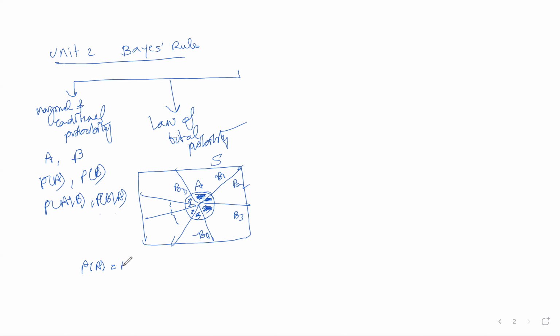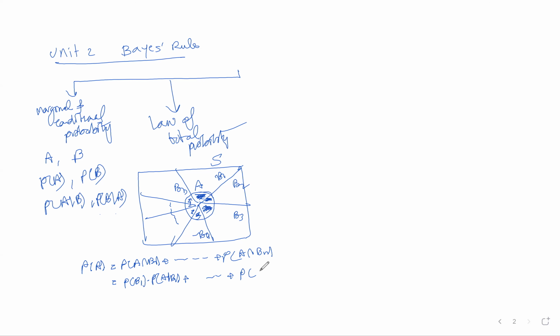So the probability of A intersect B1 plus up to the probability of A intersect Bn. These can be written as joint probabilities. The first joint probability can be written as the probability of B1, because you know the probability of B1, times the probability of A given B1, plus up to the last one.